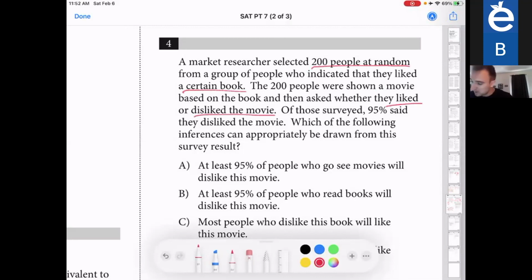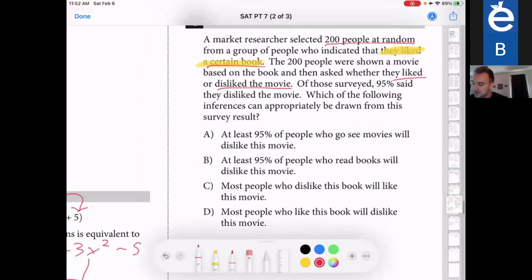But all of the people indicated that they liked the book, right? Everybody likes the book. It's just a matter of whether or not you like the movie. Of those surveyed, 95% said they disliked the movie. Which of the following inferences can appropriately be drawn from the survey result? A says at least 95% of the people who go see movies will dislike this movie. No, that's not right, because we're not just talking about generally people who go see movies.